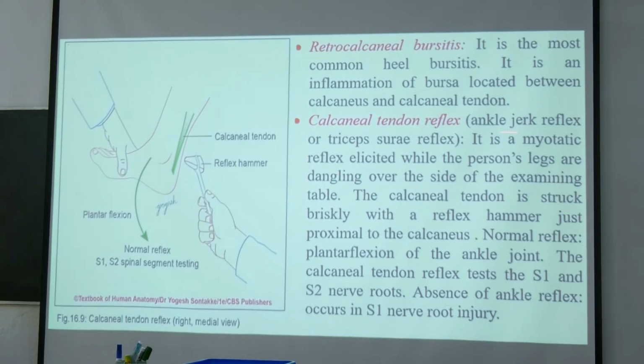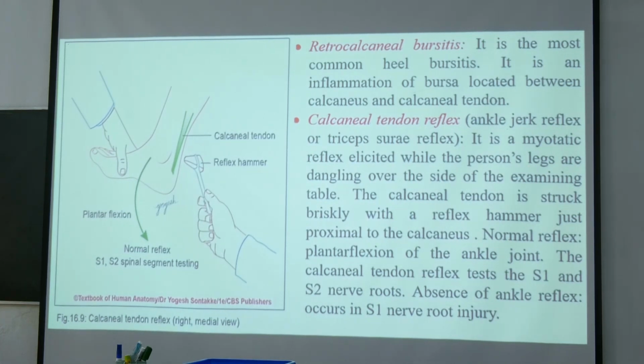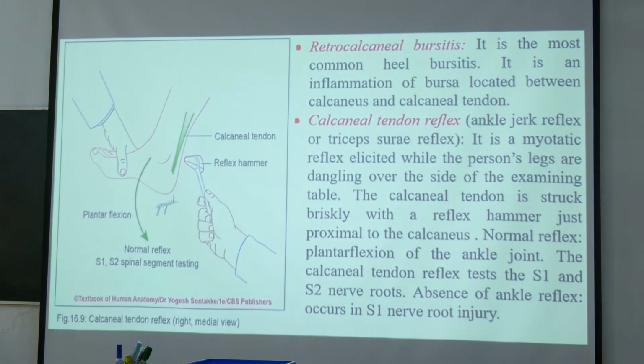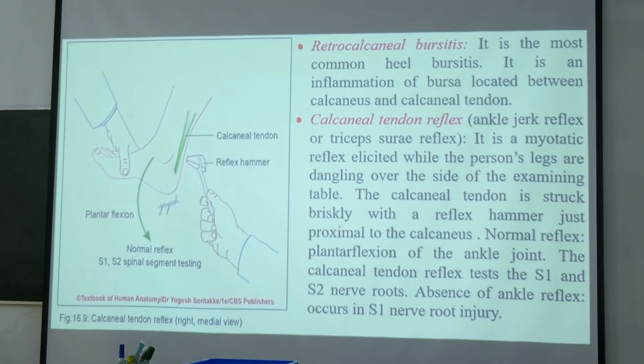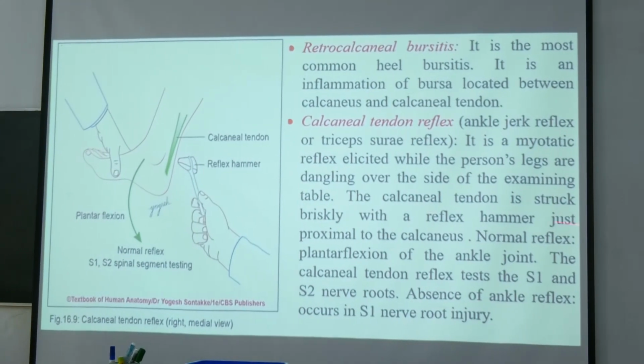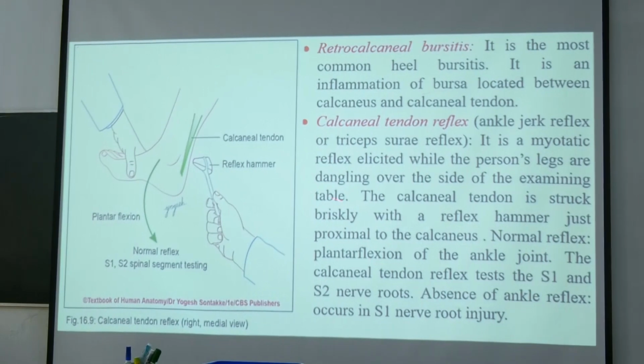Ankle jerk reflex or triceps surae, gastrocnemius and soleus together called triceps surae. Okay, and in the gluteal region you have seen the tendon. So triceps surae is asked in your viva.